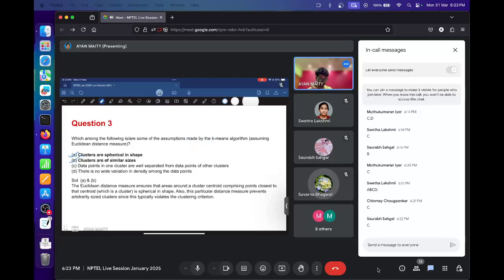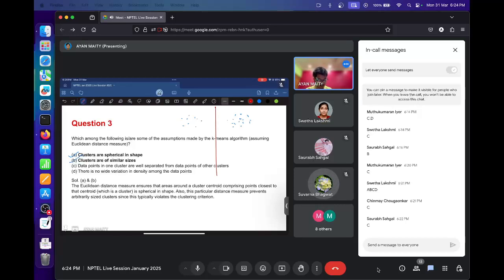And the other assumption is that clusters are of the same size. If we have only two clusters, so if these are the data points and these are the other set of data points, K-means clustering would divide this region into two equal halves. So both the clusters would have similar sizes.